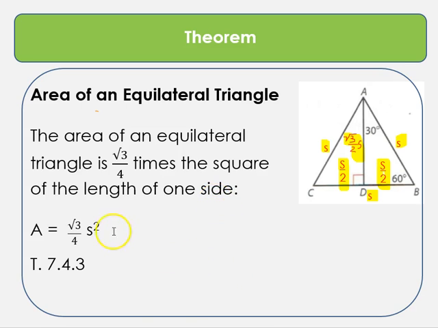That square root of 3 over 4 is actually derived by using all of these pieces of this triangle. I'm not going to do it here on this video, but we may do it in class if we have time. So take this formula and just write it down, and this will be the area of an equilateral triangle.